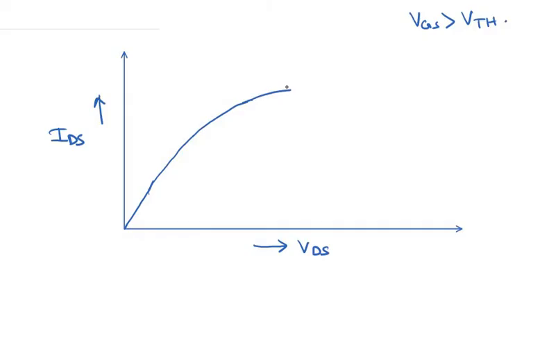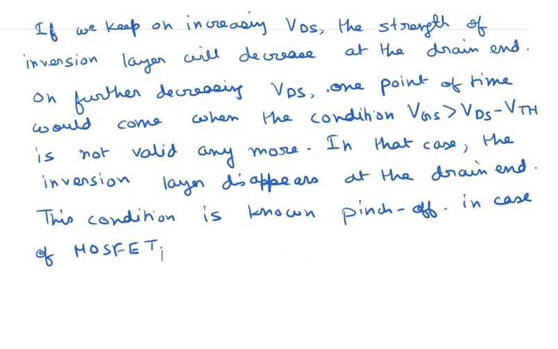And then once this condition VGS equal to VDS minus VTH is met, the channel just disappears at the drain end.